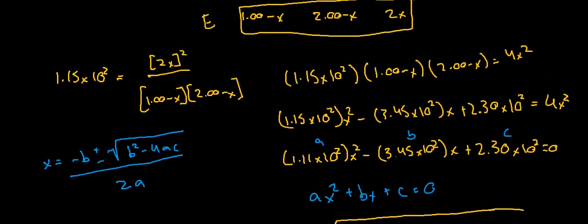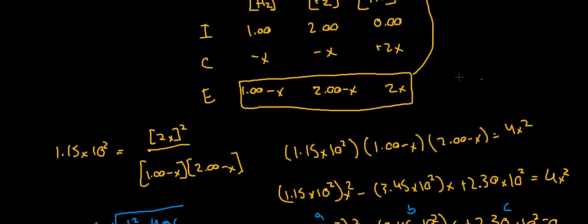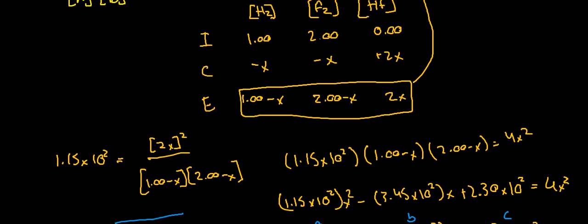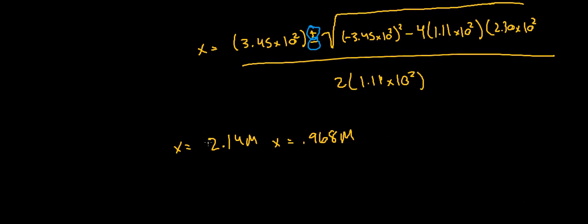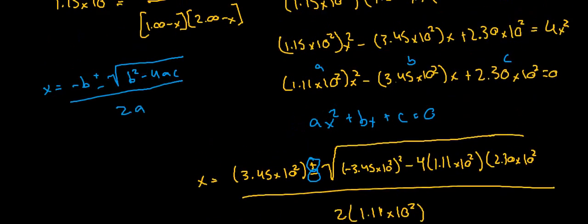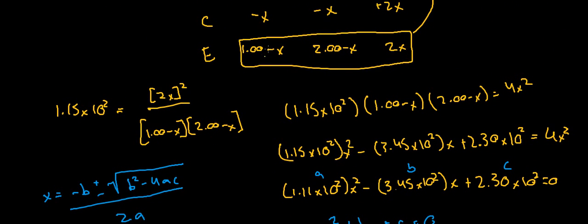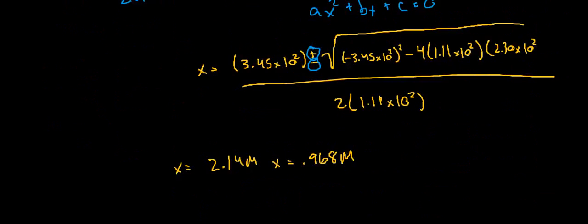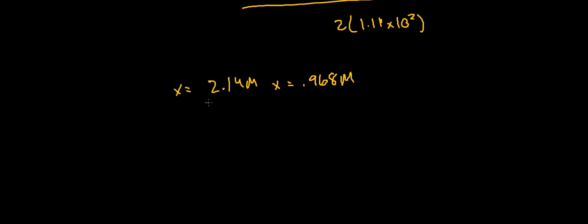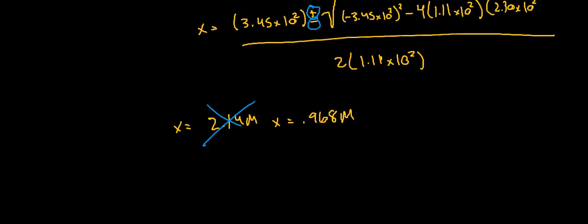If I go back up here to my chart, I have 1 minus x as the equilibrium concentration. If that x were 2.14, then I would get a negative number. So obviously this one is not it. It would make sense if it was 0.968. But I'm not done quite yet.